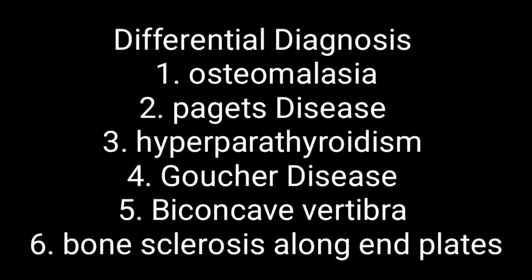It can be seen in Paget's disease, in hyperparathyroidism, and in Gaucher disease, where a biconcave vertebra can be seen, and in bone sclerosis. So this is the differential diagnosis for the fish vertebra. If you see a fish vertebra on the AP view, you can think of all these diagnostic points and correlate clinically for the finding and for diagnostic purposes.